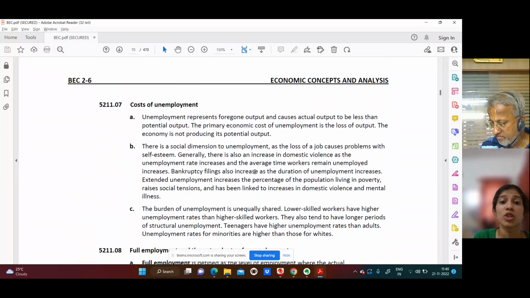So next is the social dimension to unemployment. This is more from the emotional point of view. You are not employed. You want to be employed. There are a lot of layoffs. You know that there are a lot of layoffs happening in all the industries. Classic example is your Twitter.